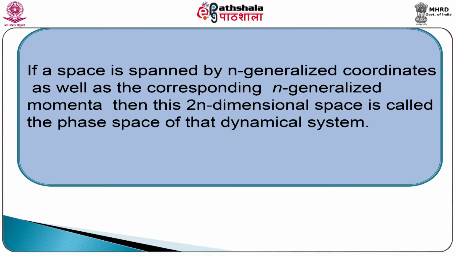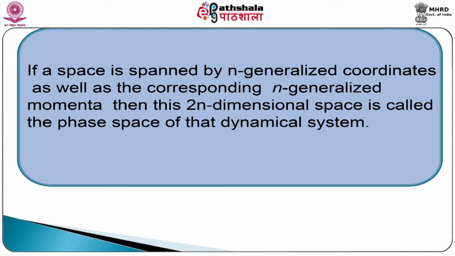On the other hand, the phase space is spanned by the generalized coordinates as well as generalized momenta. So, its dimension is 2n. At any instant of time, the system represented by a point in phase space is called the phase point.